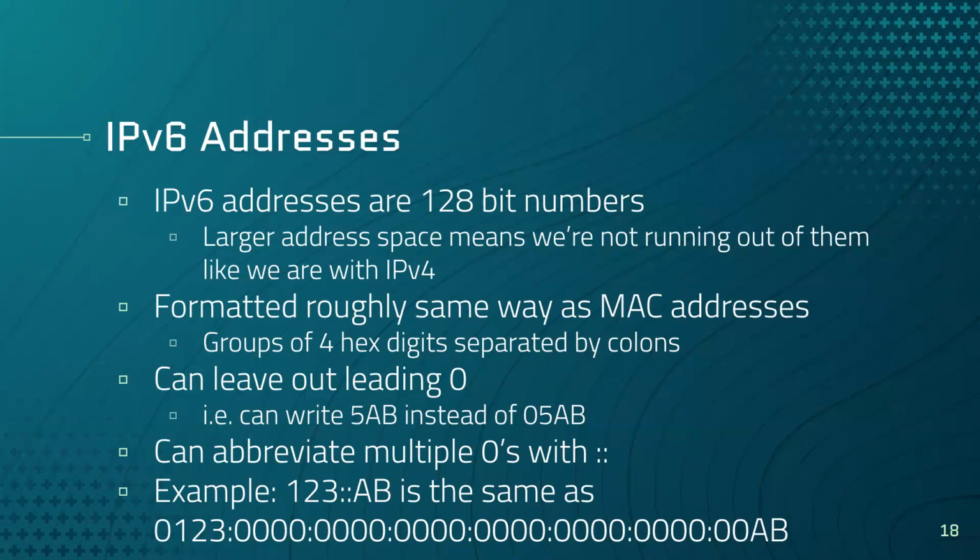IPv6 addresses are 128 bits, so it's 4 times as many bits, which, since adding another bit doubles the amount of addresses, is like the amount of addresses for IPv4 to the fourth power. So it's basically infinite for all practical purposes. These are formatted differently because if you wrote this in decimal dot notation, it would be really long.